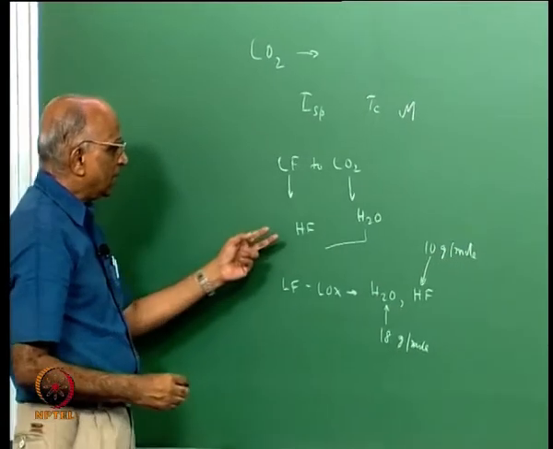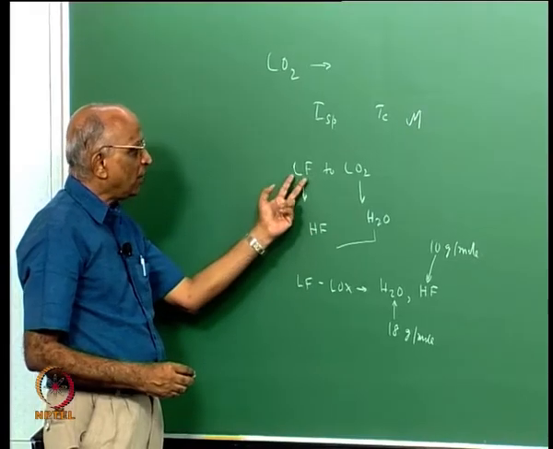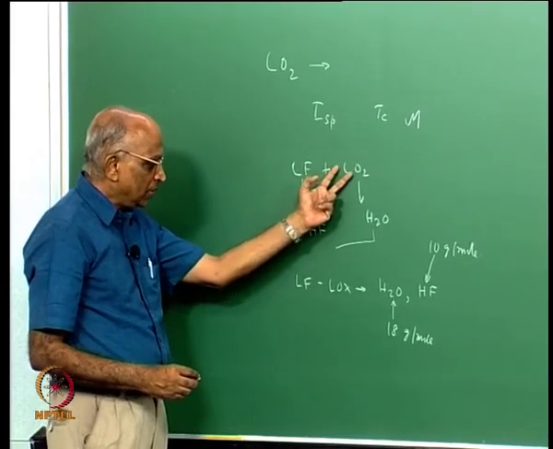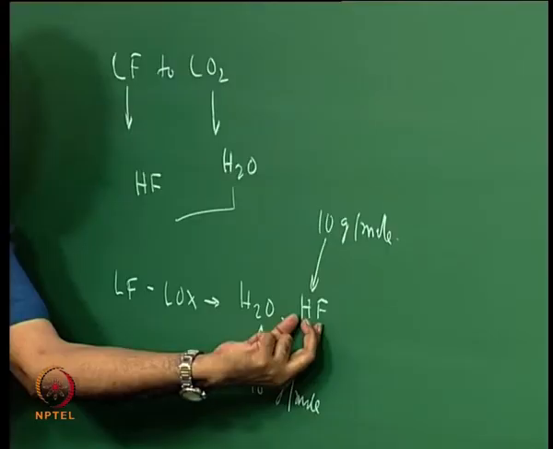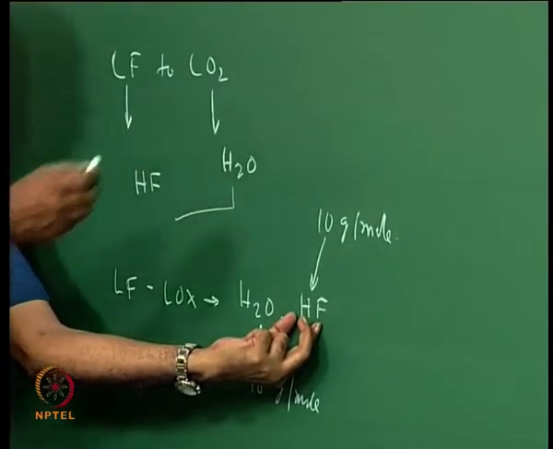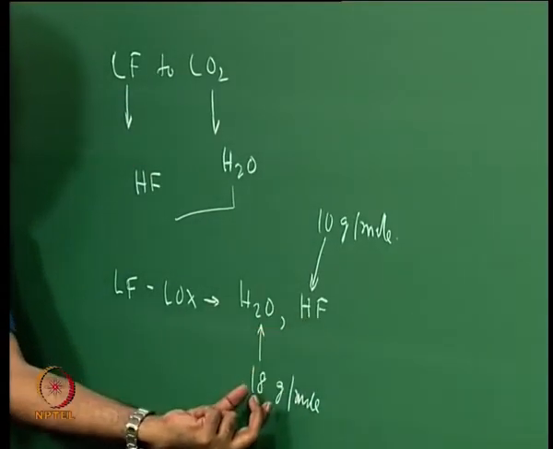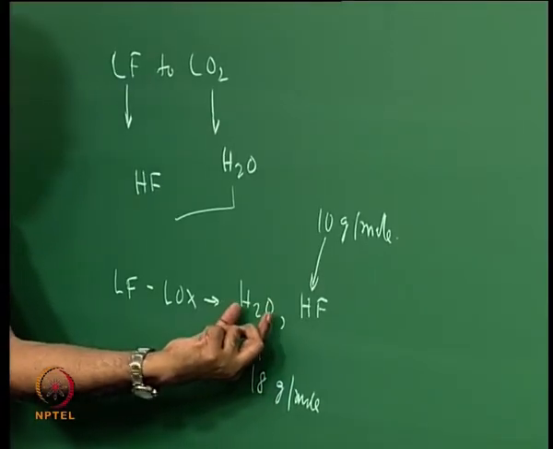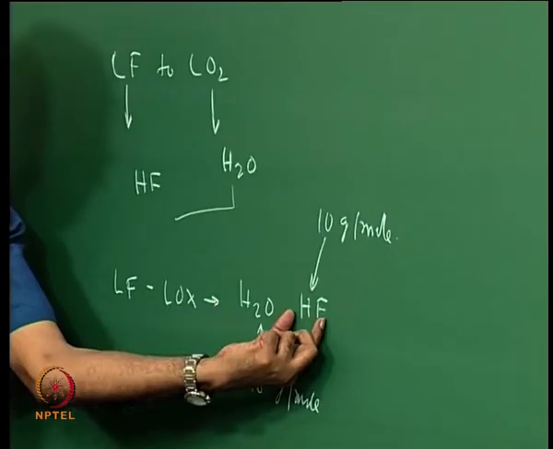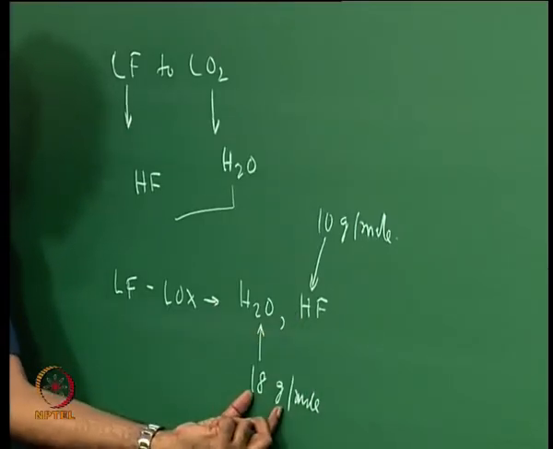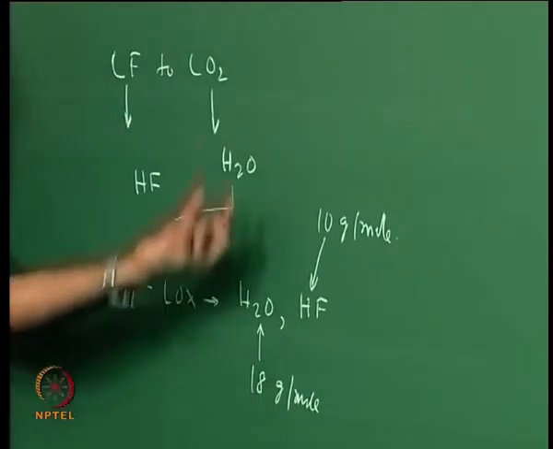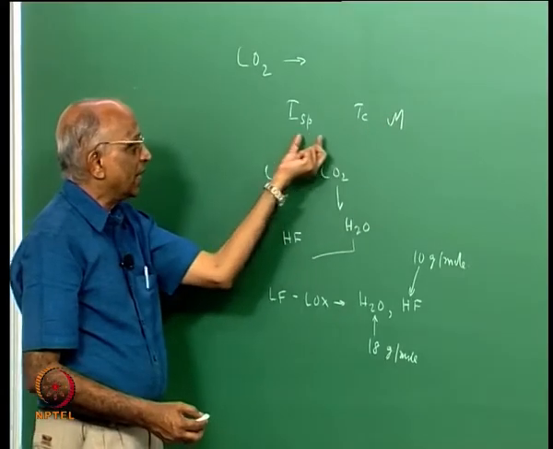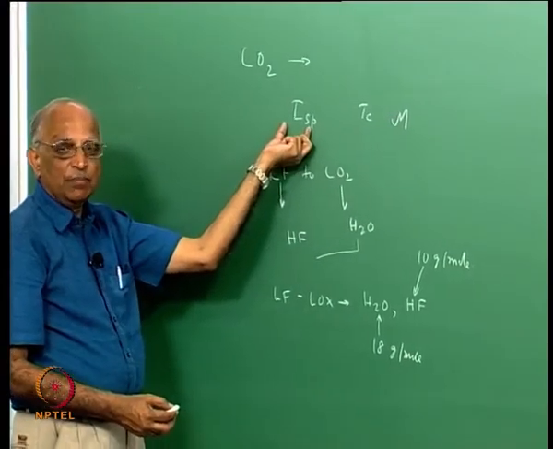Therefore, adding liquid fluorine to liquid oxygen results in getting more hydrogen fluoride as I increase the liquid fluorine, and the net molecular mass of the products decreases, so I get a higher specific impulse.